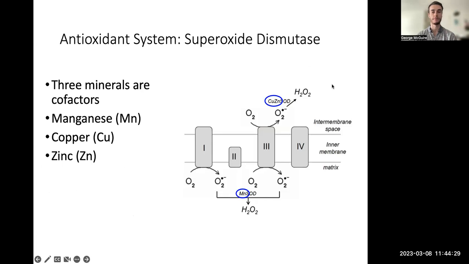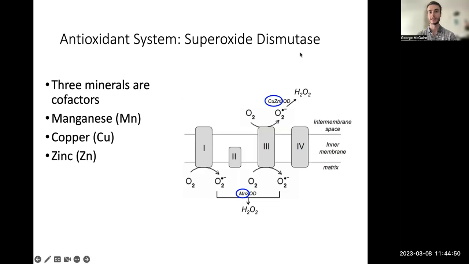Okay. So this antioxidant system is going to show up a lot through the rest of these slides. This is called the superoxide dismutase system, which is using minerals as a way of neutralizing superoxide, which is O2 minus, right?